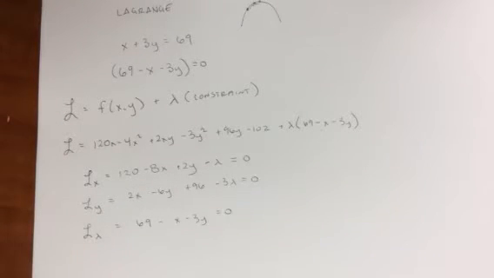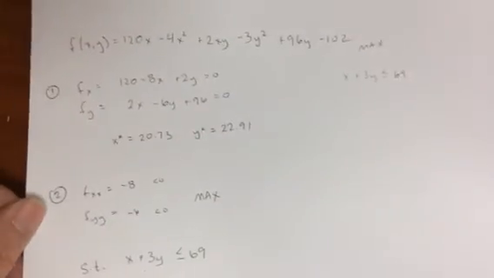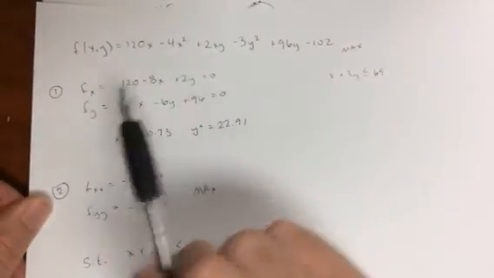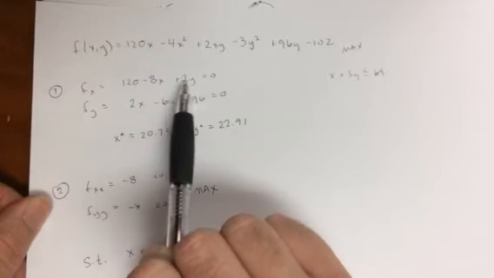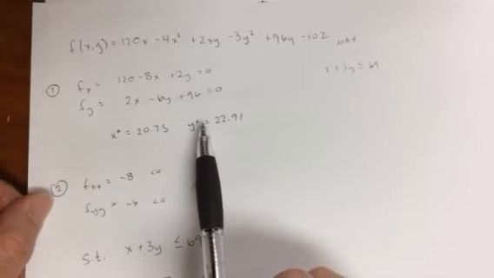Now if we were to compare this to what we did beforehand, when there was no constraint. So here is the same function that we did earlier, and we optimize this function, so we get 120 minus 8x plus 2y. And this is how we optimize that function with no constraint.